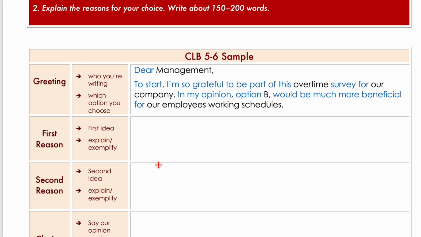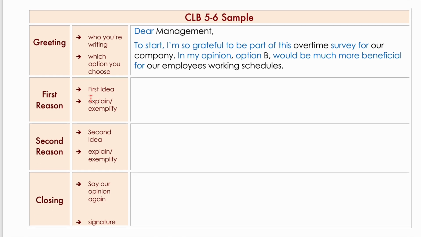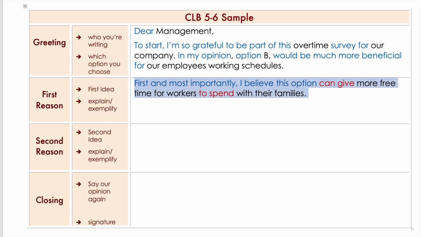So now I should get to my first reason, my first idea. Okay. How can I start? First and most importantly, I believe this option can give more free time for workers to spend with their families.